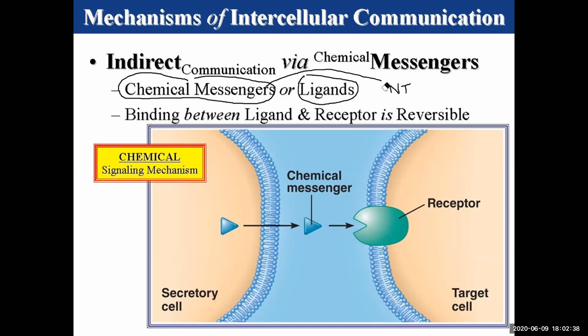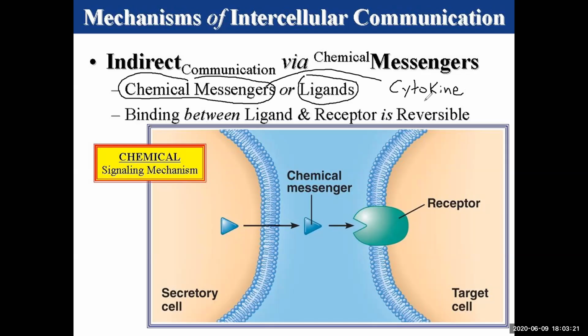If it's the endocrine system, then the chemical messenger is called a hormone, H-O-R-M-O-N-E. One hormone, two or more hormones, add an S at the end. And if the chemical messenger is used by the immune system, then it's called a cytokine, C-Y-T-O-K-I-N-E.